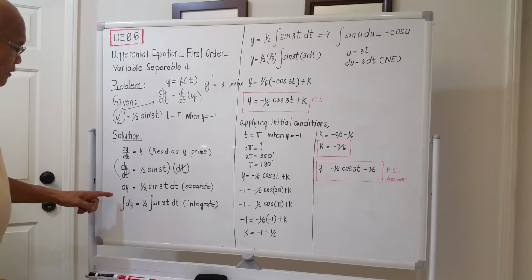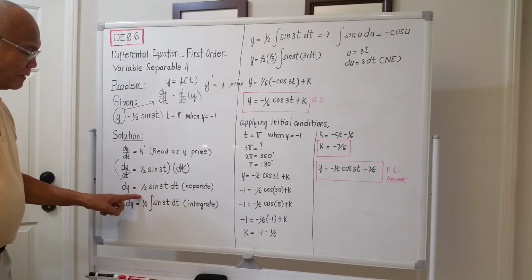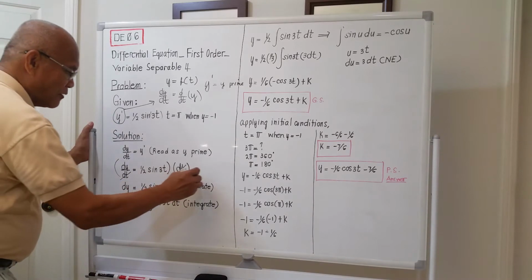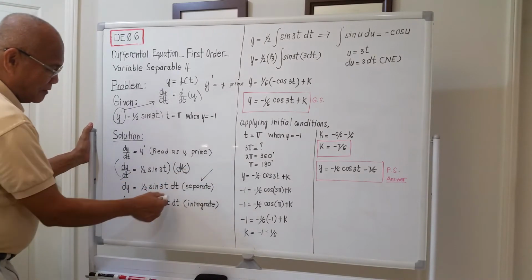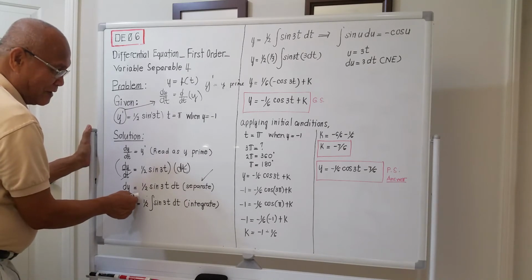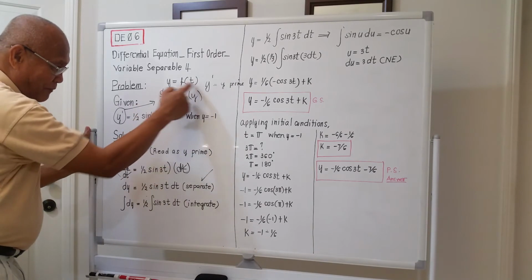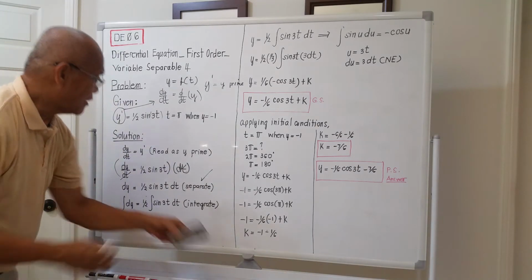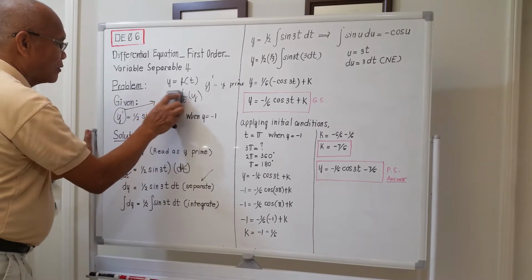Left hand side will be dy equal to 1/2 sine of 3t dt. We already have separated the variables. T and dt, this is pure dy. Okay? Because we are to solve y as a function of t, as a particular solution. Okay, I will erase this one so it will look nice, you know.